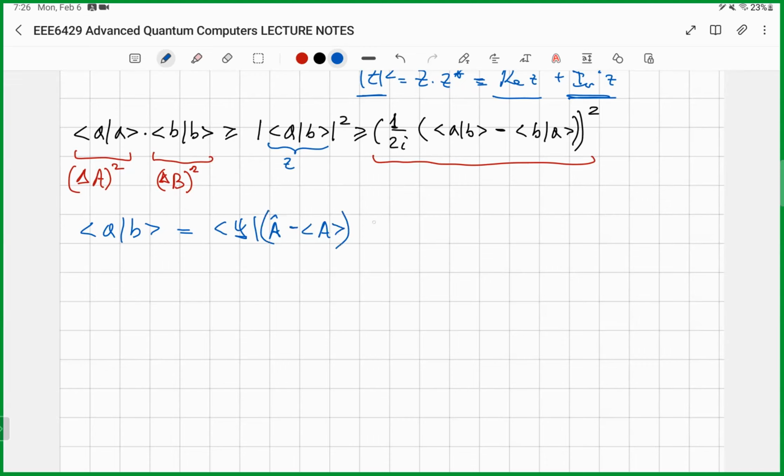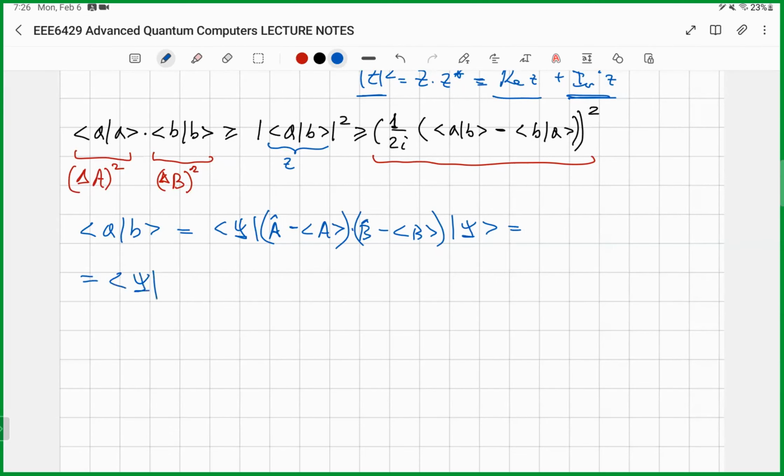And for the B, I have operator B minus expectation value B, and the same state psi. So now I can open the brackets, defactorize the things, and I'll get what?